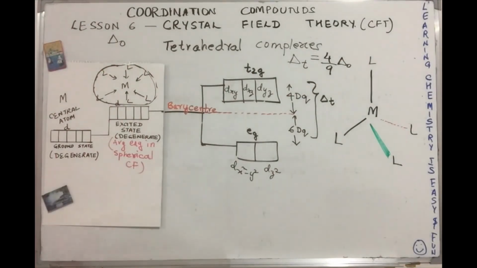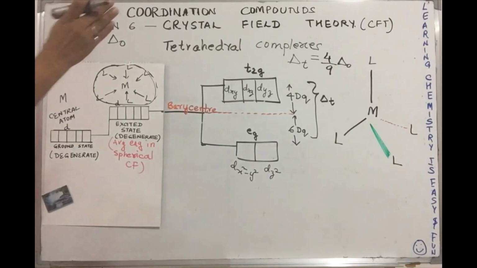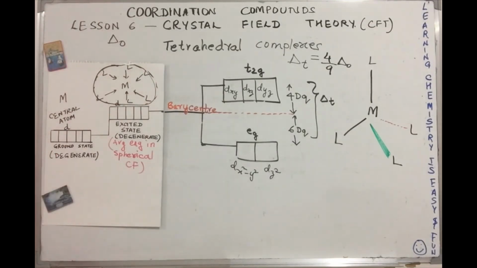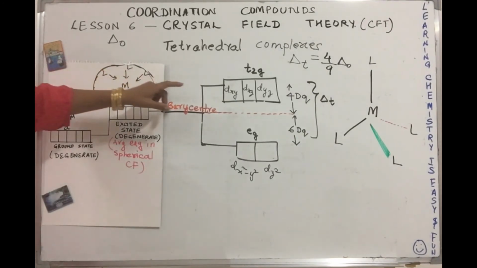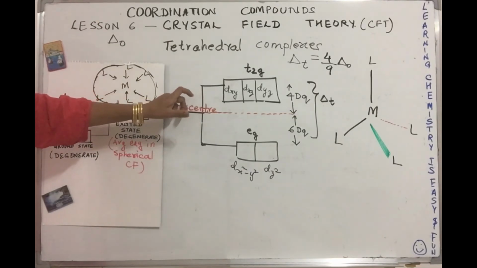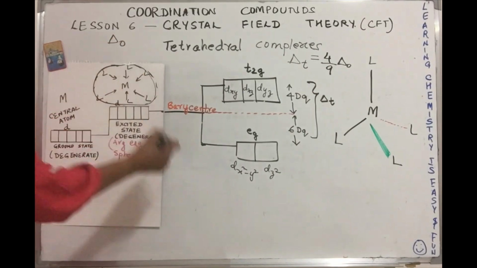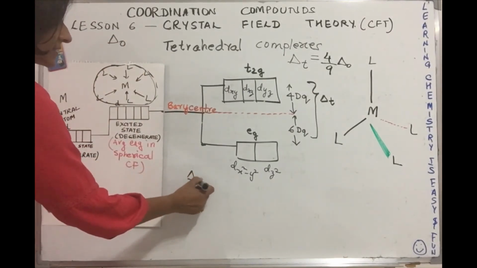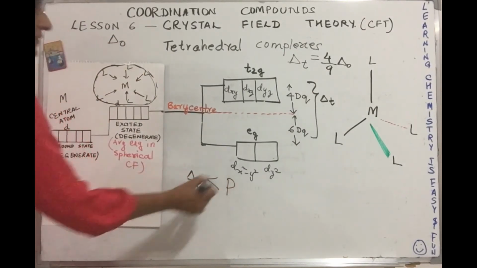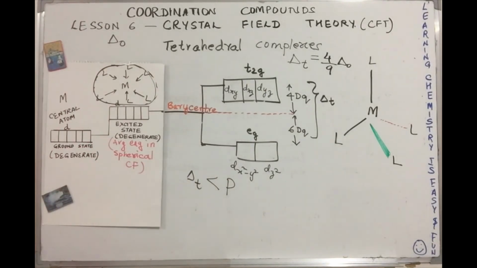In other words, the crystal field energy in the case of a tetrahedral complex is lower than that for an octahedral complex. So, when I am talking about pairing, delta T would definitely be much less than the pairing energy over here because it's anyway less than delta O as well.